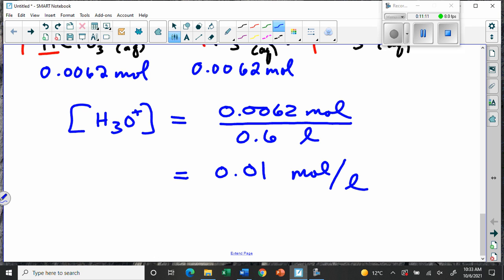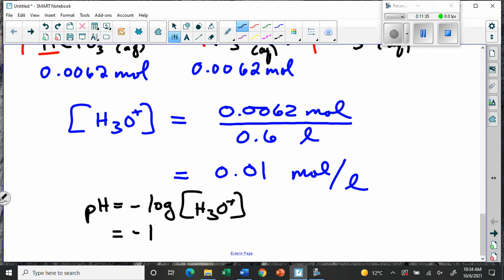So you see how we had to change it. We had to do a little dividing because I didn't have 1 liter to get the concentration. So we can change the top number or the bottom number, and we have to be ready for that. And then you do the pH, which is the negative log of the hydronium ion concentration, which would be, in this case, the negative log of 0.01, right?